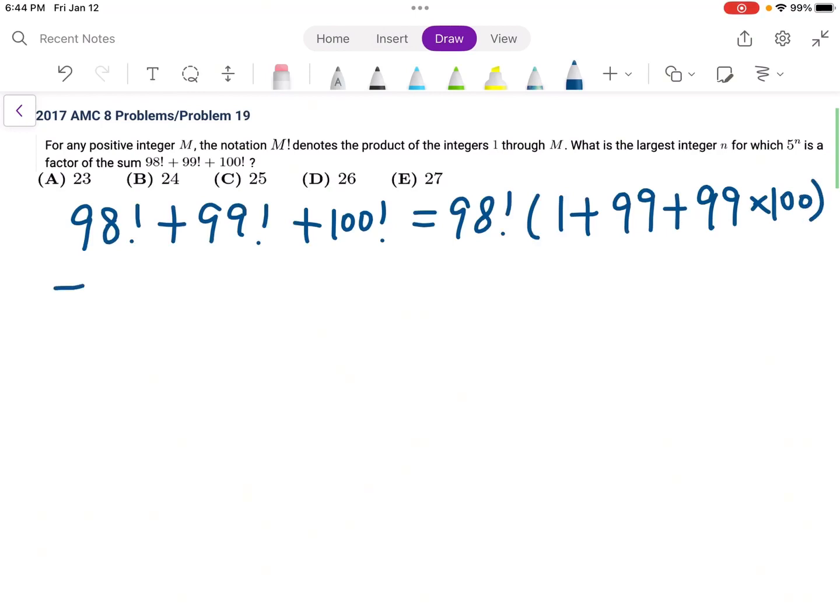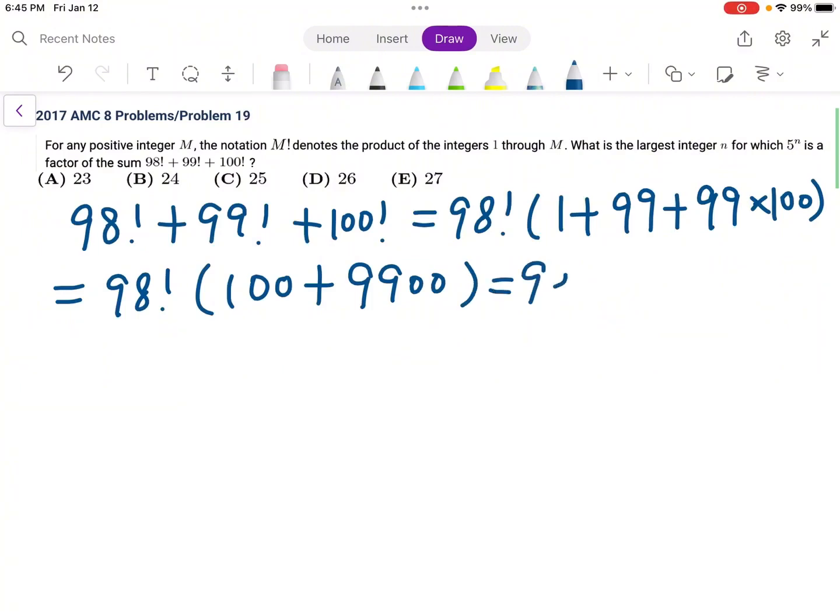And that equals 98 factorial multiply 100 plus 9,900. And that's 98 factorial multiply 10,000.